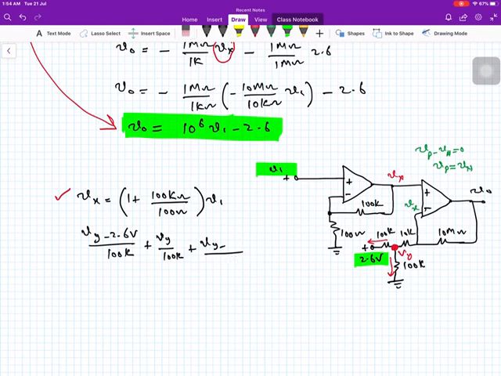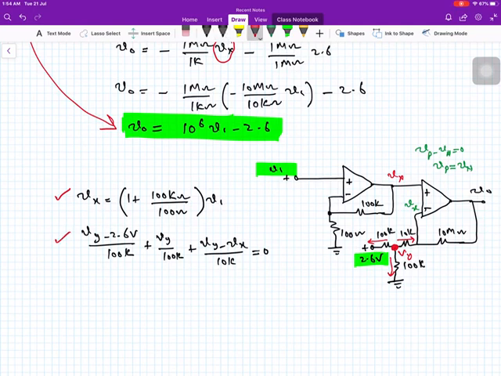What is this current? This current is Vy minus Vx, because at this end the voltage is Vx, divided by 10K, is equal to 0. So this is our second equation.